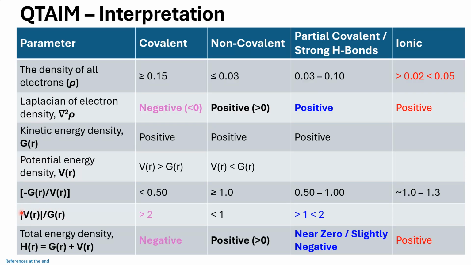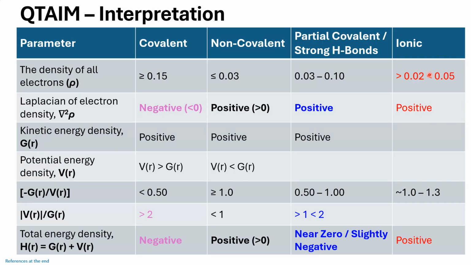I also found an opposite ratio in one of the papers, so I just included it. Then you have HR, the total energy density, the addition of kinetic energy density and potential energy density. If rho is equal to or greater than 0.15, it is a covalent bond. Less than this, it's non-covalent, and partial covalent between these regions.